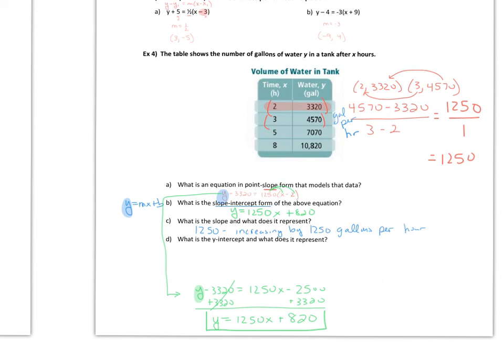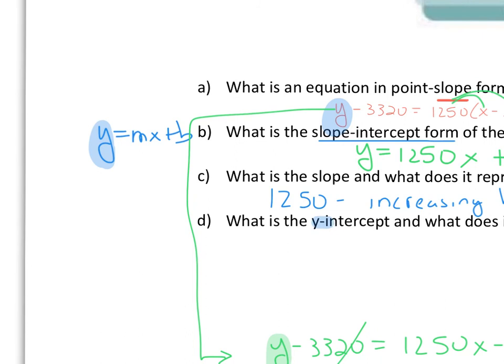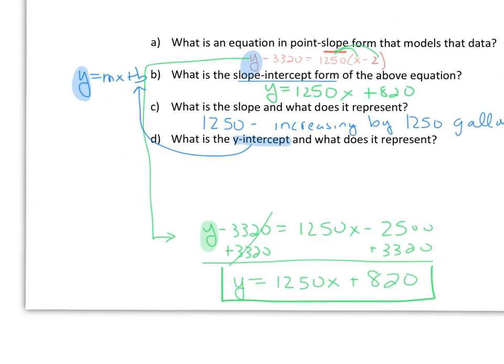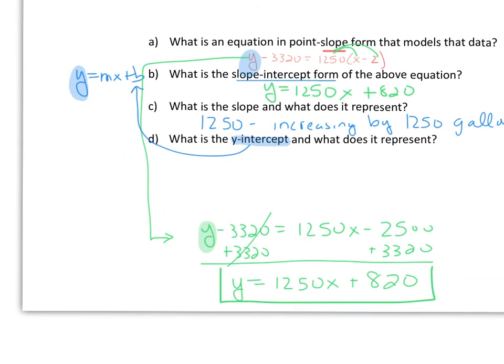All right, so what is the y-intercept? This is kind of a little review for you. Your y-intercept is your b value or your start position. If I come down here and look, my y-intercept is 820. Now, what does 820 mean?